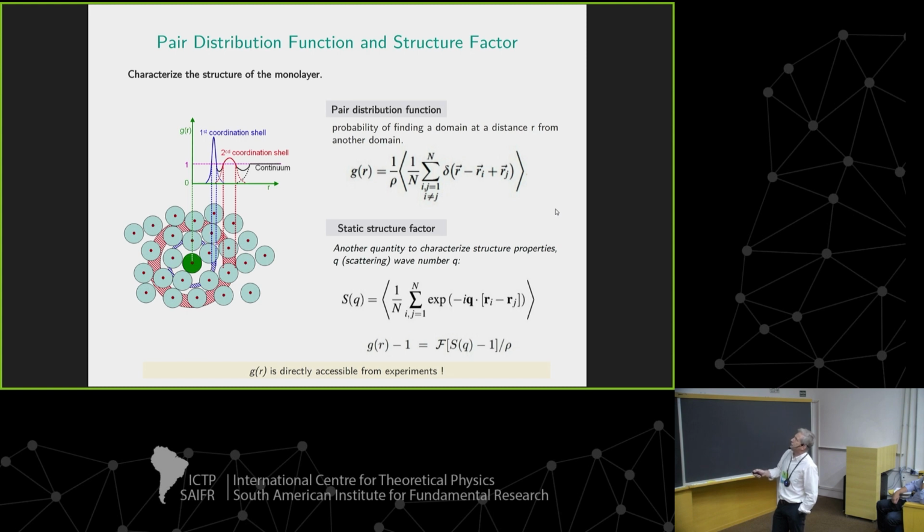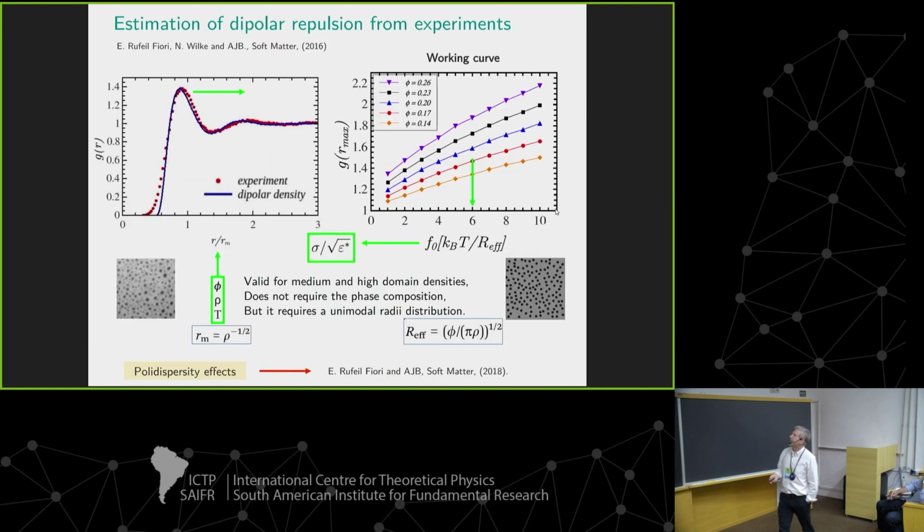This is a typical picture. You sit on one of them and count how many neighbors you have, and you get, for a liquid state, something like that. And also, not so easily accessible from the experiment, you can Fourier transform this and get a structure factor, the static structure factor, which is also interesting to compare or analyze.